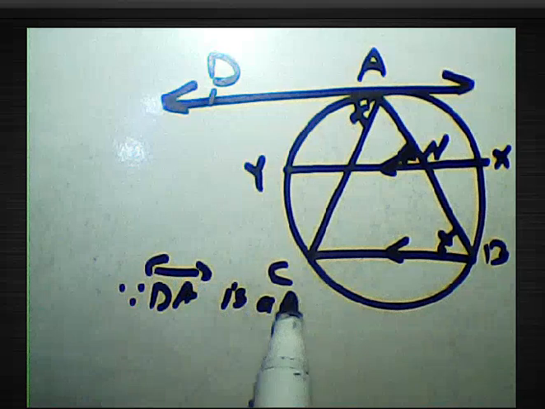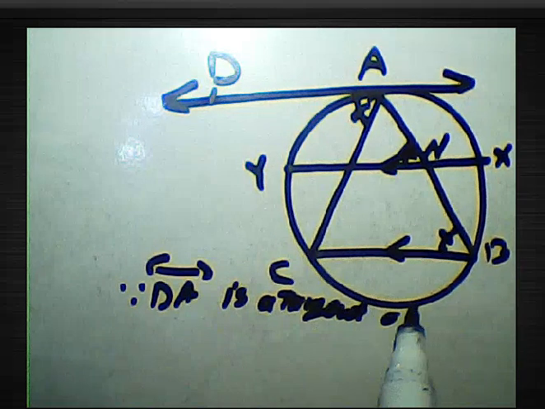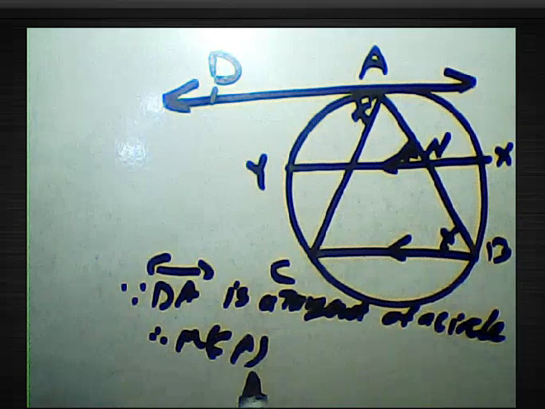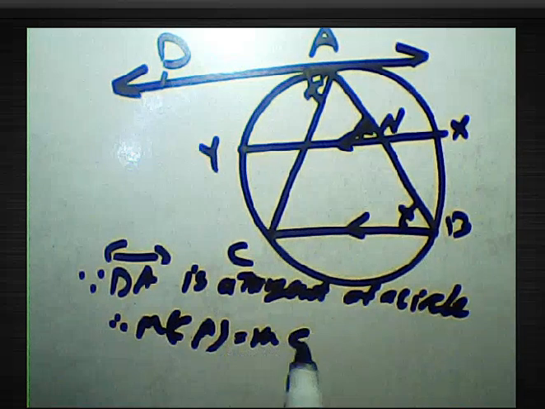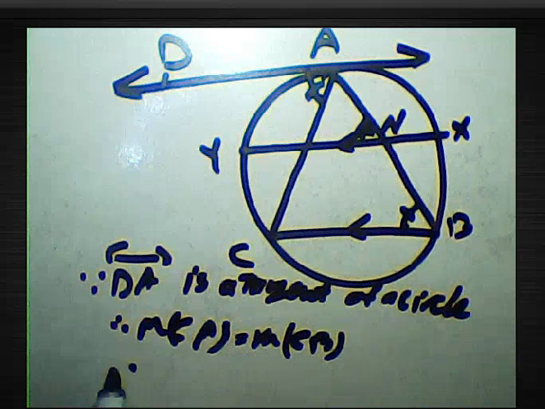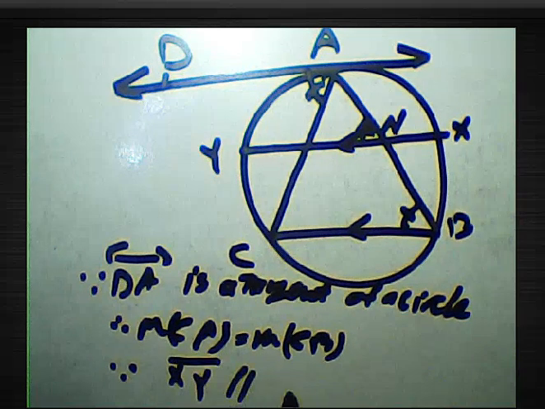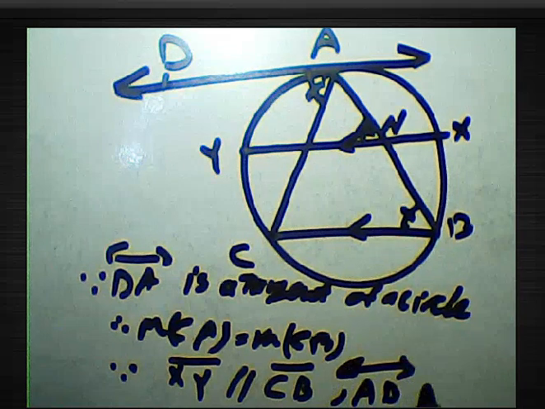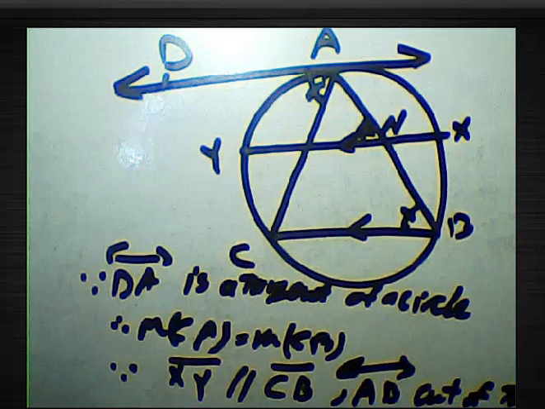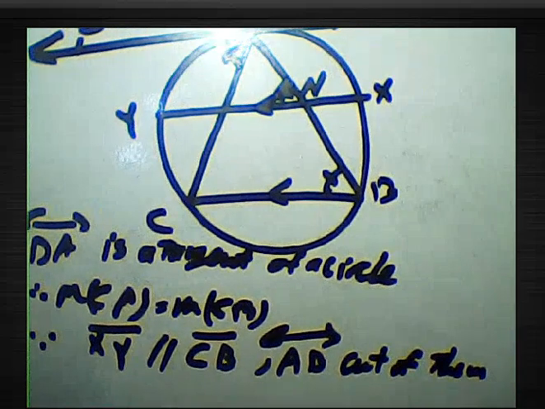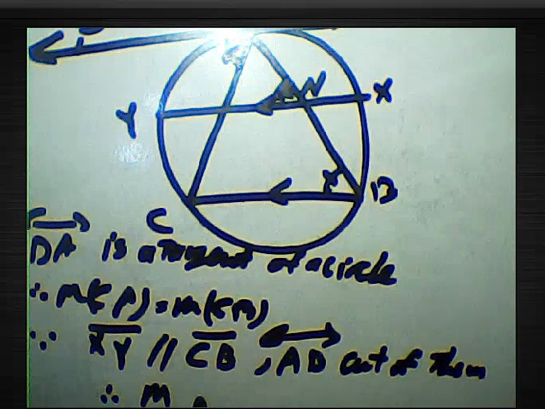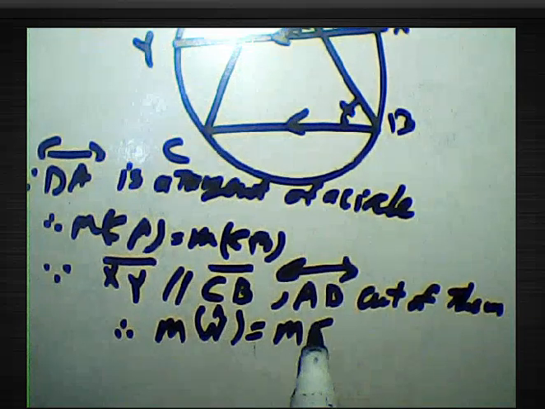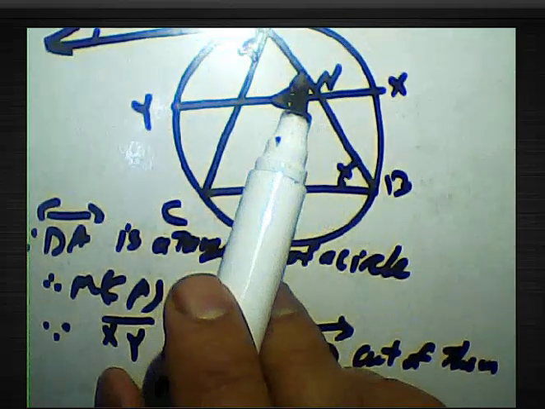Again, such that DA is a tangent of a circle, then measure of angle A equal measure of angle B, and such that XY is parallel to BC and AB cut them, then measure of angle X will be equal measure of angle B. We call them corresponding angles.